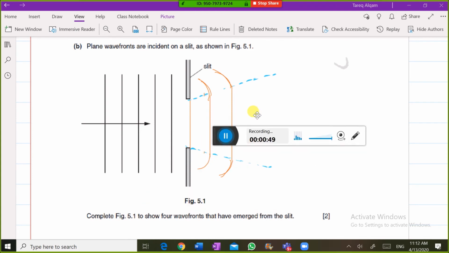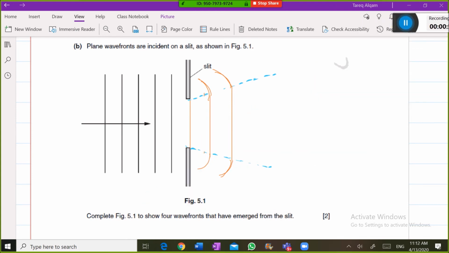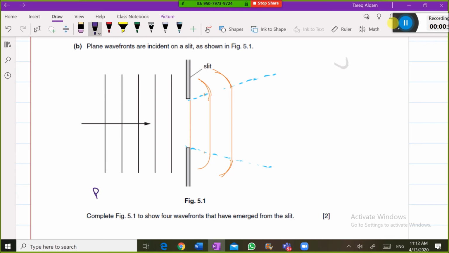Now here we are given plane waves. These plane waves, guys, when they meet this boundary, they will diffract in this way. Beyond the edges here in this region, we will have spreading, right?